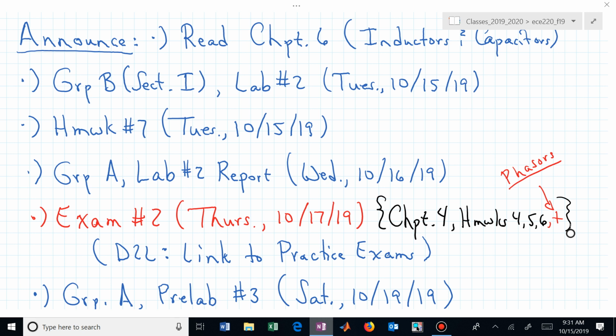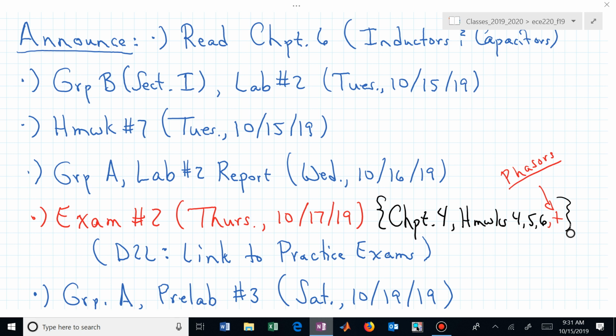We're talking today about chapter 6, and we'll try to finish up the inductor piece. Then we will take a detour and get into chapter 9, which is the phasor material, so you'll have some more exposure to that before we get into exam number 2.